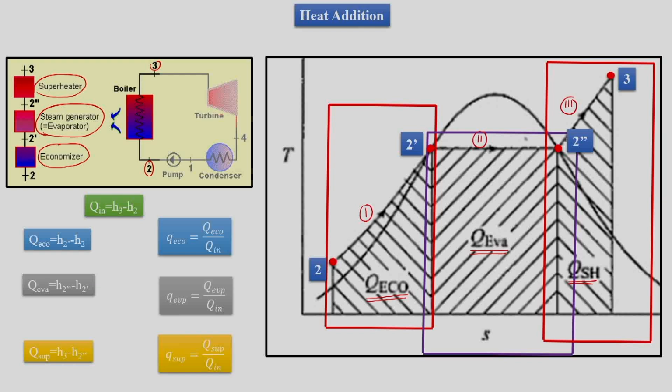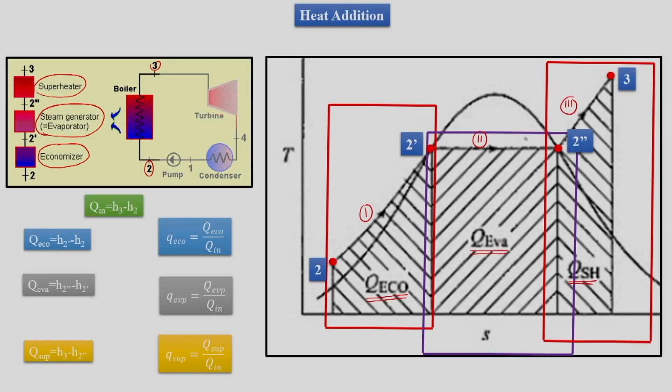So we know how to find out pump work, and then we should also know, apart from the total amount of heat added, how much is the fraction of heat added into the different parts of the steam generator or boiler.